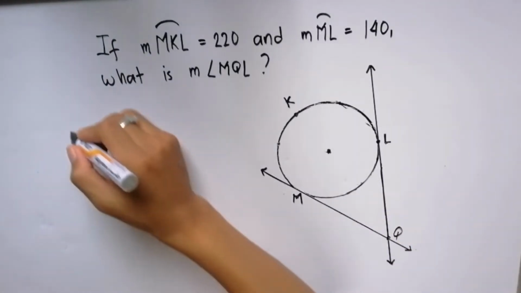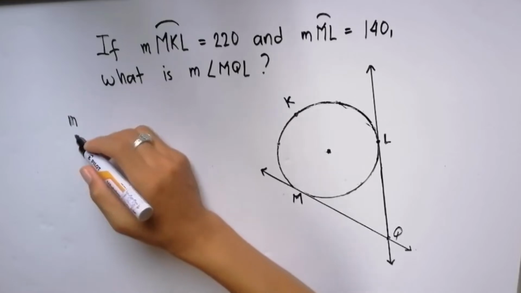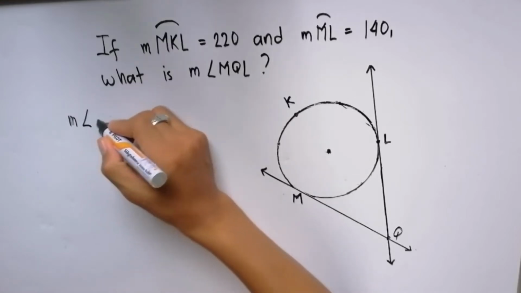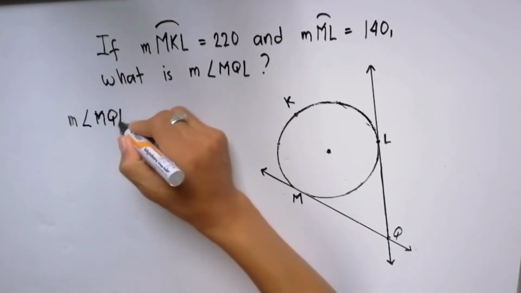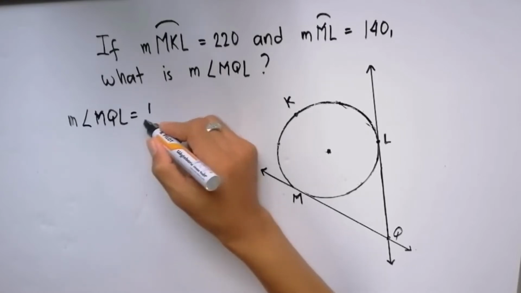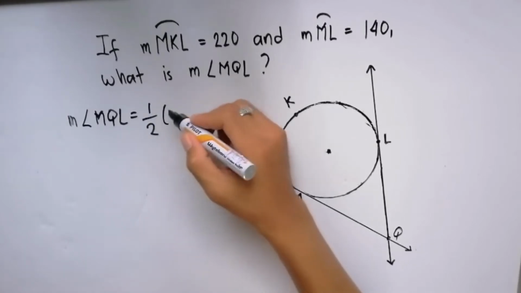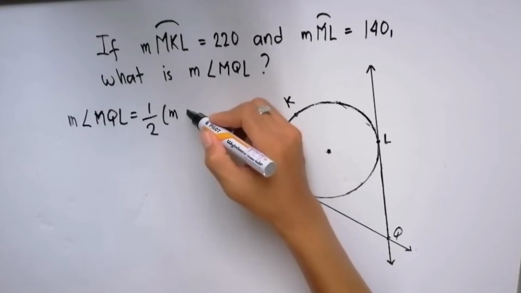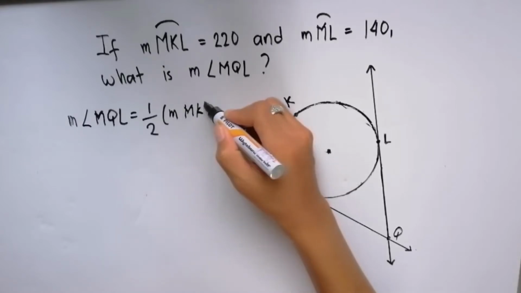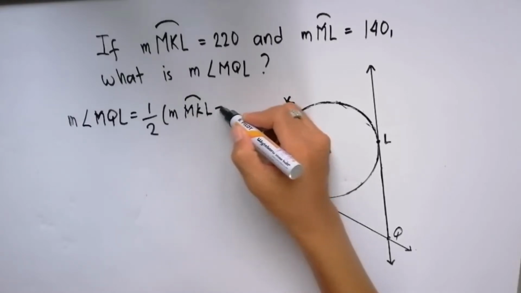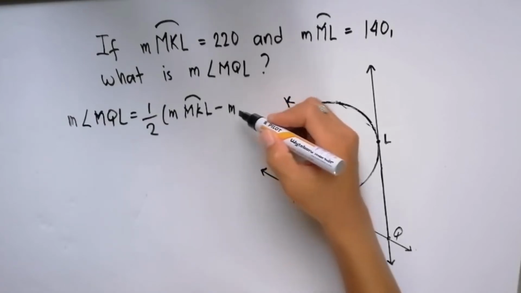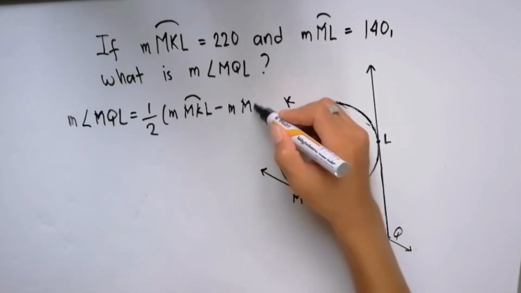So we have the measure of angle MQL is equal to 1/2 times the measure of the arc MTL minus the measure of the arc ML.